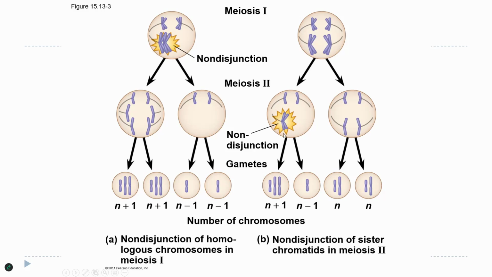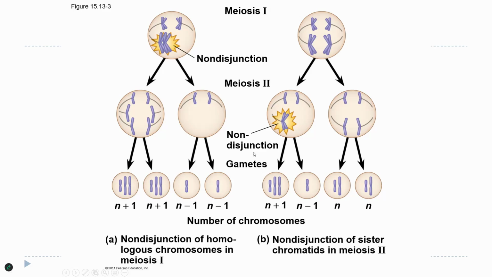If non-disjunction occurs in meiosis 2, then the homologous chromosomes separate correctly in the first division, but the sister chromatids don't separate correctly in the second division, putting an extra chromosome in this cell, a missing chromosome in that cell, and then these two are perfectly fine. So if non-disjunction occurs in meiosis 1, then all of your gametes have the wrong number of chromosomes.